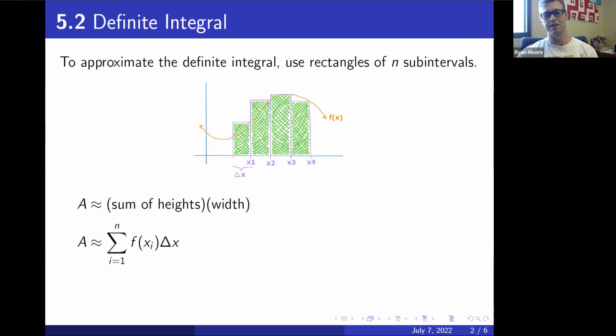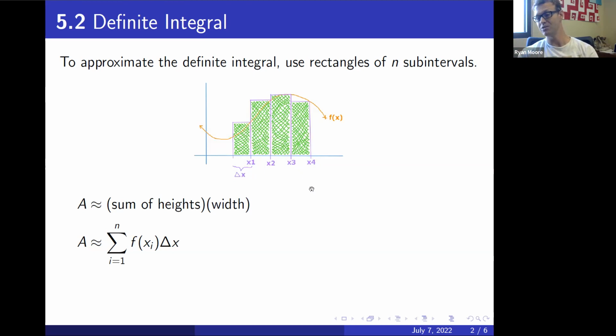Okay, let's think for a second. What could we do if this is an approximation? What could we do to get that curved area exactly? Is that possible? If we take more subintervals, that's going to be more accurate. So here I have 4, but if we made 8 rectangles, that would be more accurate than 4.